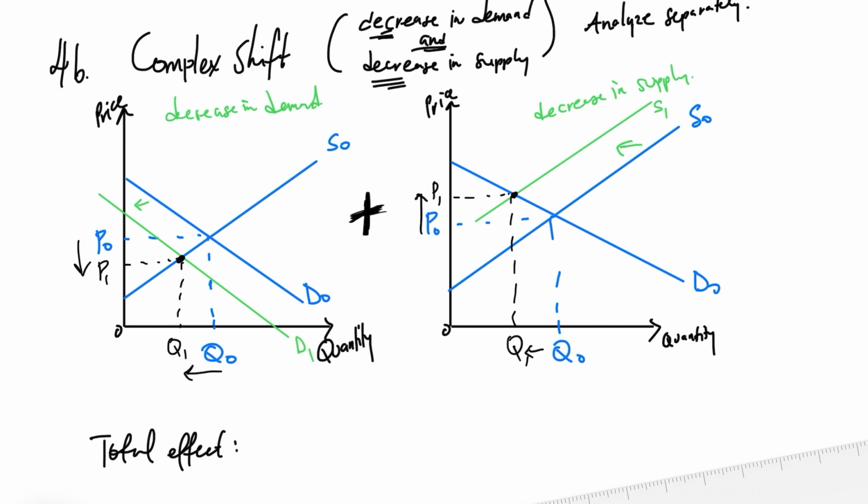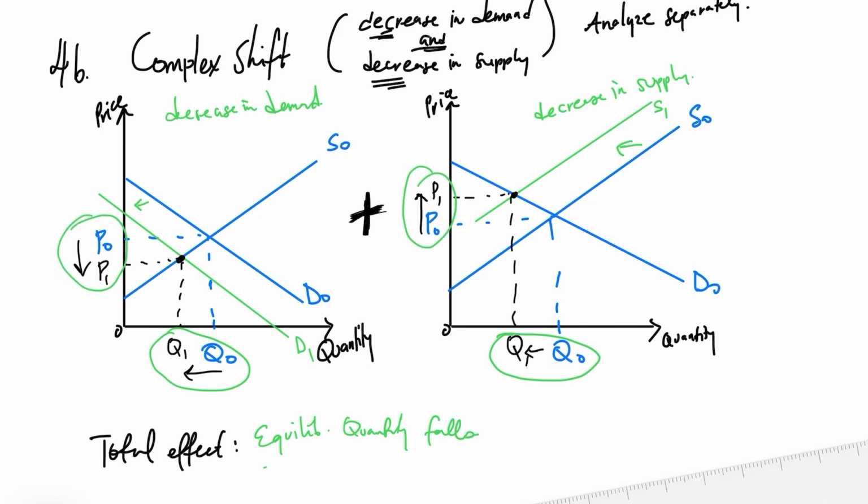The total effect is that we notice for sure that there is a fall in equilibrium quantity. So equilibrium quantity falls. Equilibrium price, what is happening to equilibrium price? Oh, we have an ambiguous change in equilibrium price.